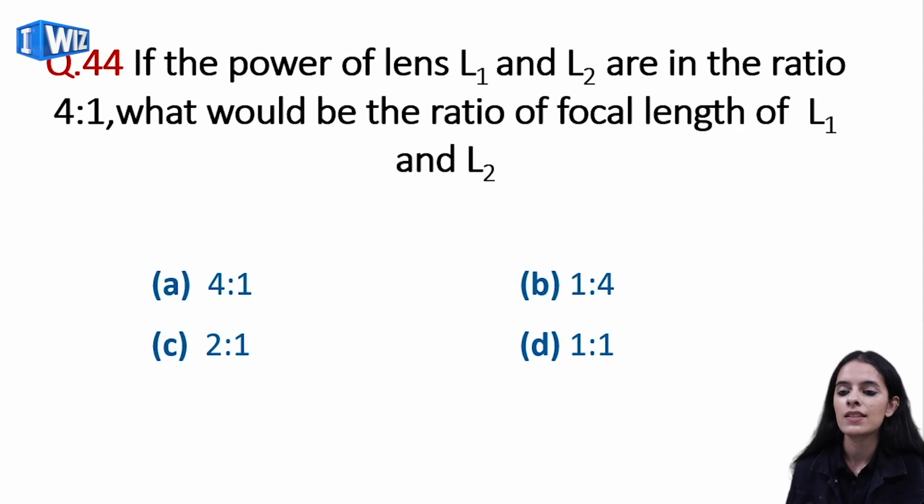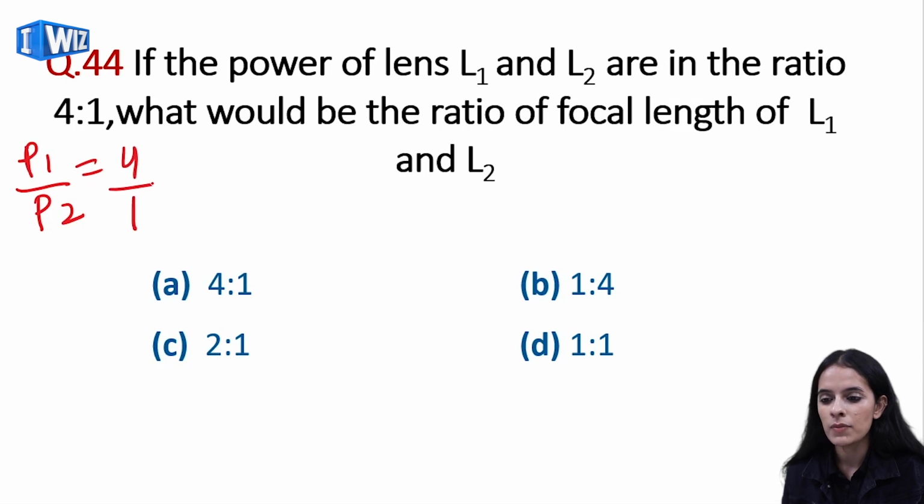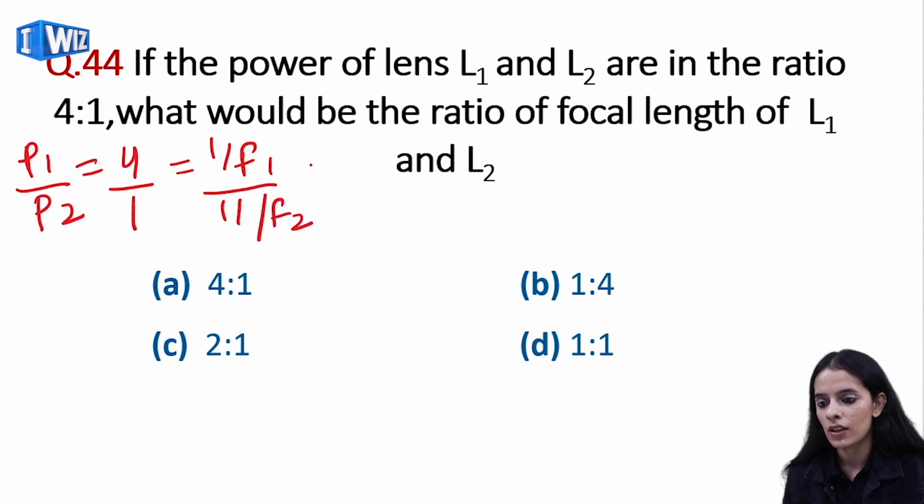if the powers of a pair of lenses L1 and L2 are in the ratio 4:1, what would be the ratio of focal lengths? We know that power is the inverse of the focal length. So the ratio of focal length will be, this will go like this, f2 by f1.